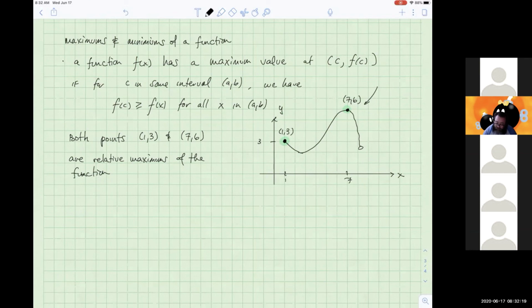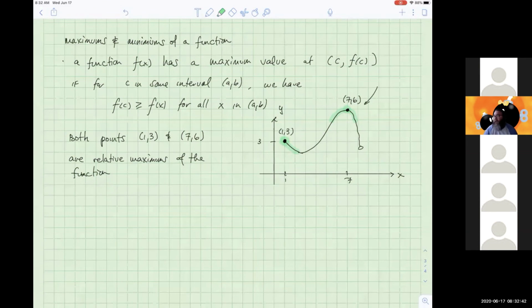And so of all the points close to this point, this is the highest one in its neighborhood. These are the people in my neighborhood, man. And of all the points near this point, and all the points on the curve around this point, that point is largest. So these are our maximums.